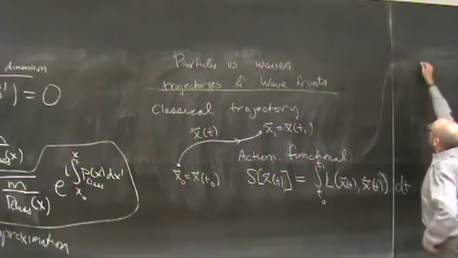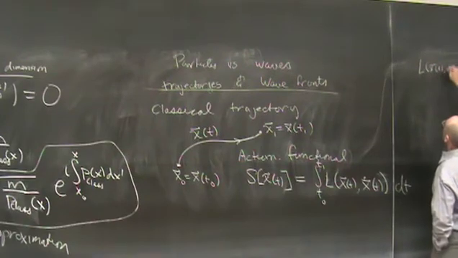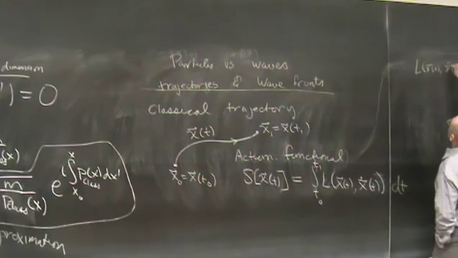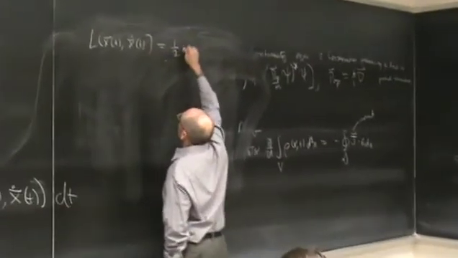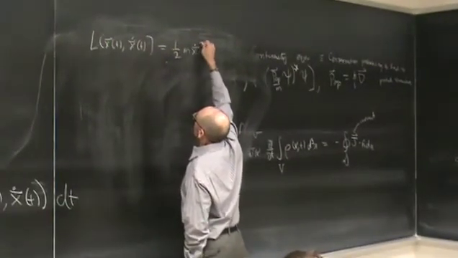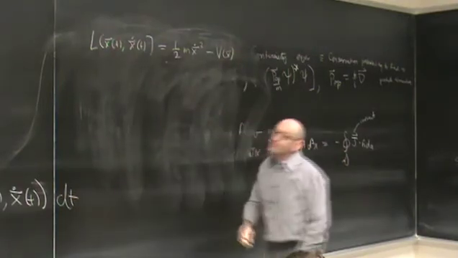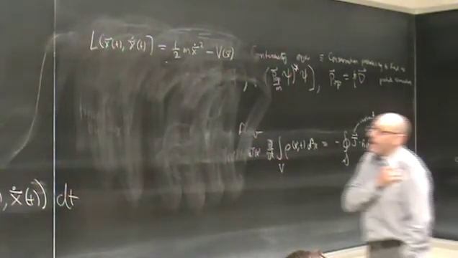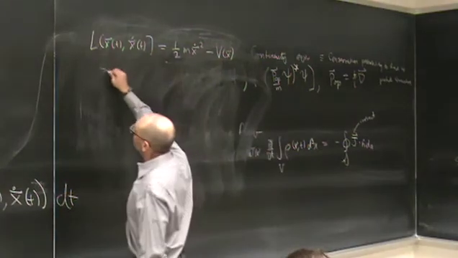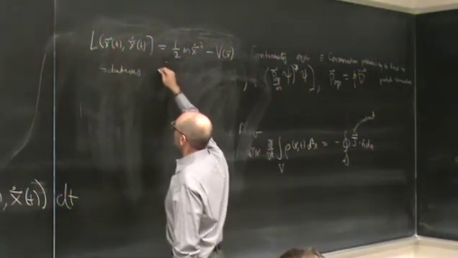The Lagrangian for this simple case of a particle moving in a potential is the kinetic energy minus the potential energy. Right? And we know the solutions to the Euler-Lagrange equations.